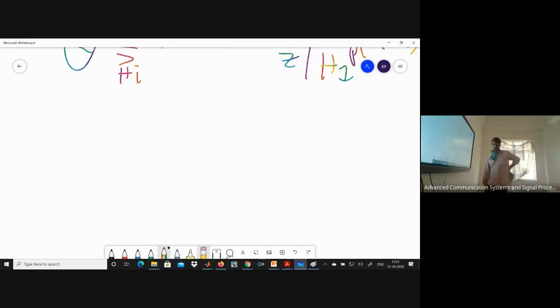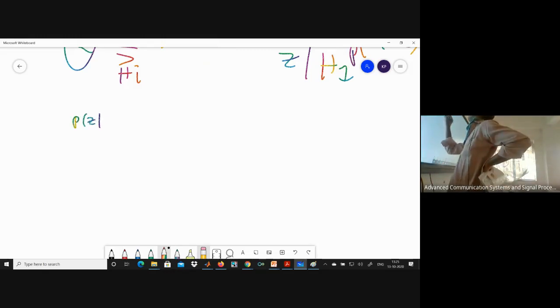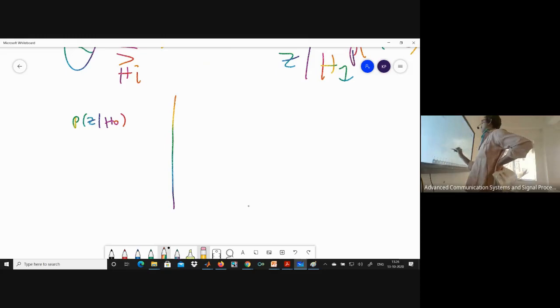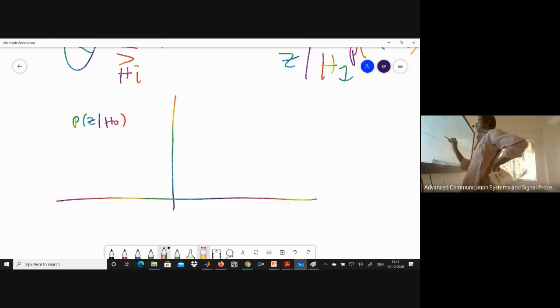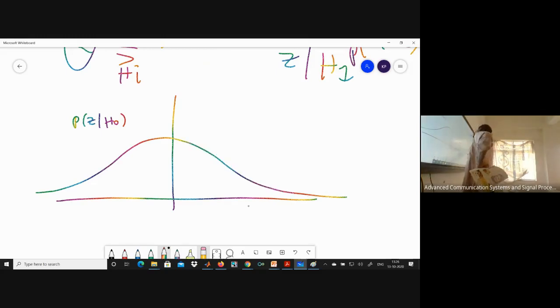For case 1, I would like to plot the probability of z when h naught. 100 samples were there. What will be the mean value for this? Of course, mean will be 0 and variance will be 100. For the second case, mean will be 100 into 1, right?